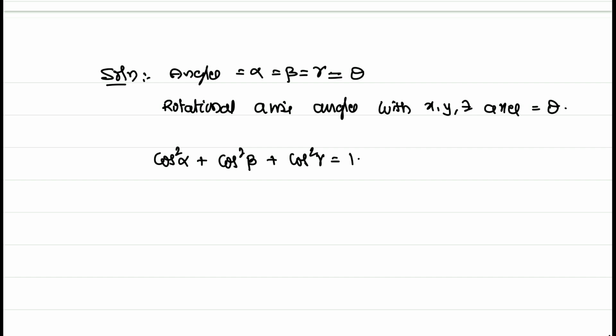Do you agree to it? Because alpha, beta and gamma are the same, they are making the same angle.